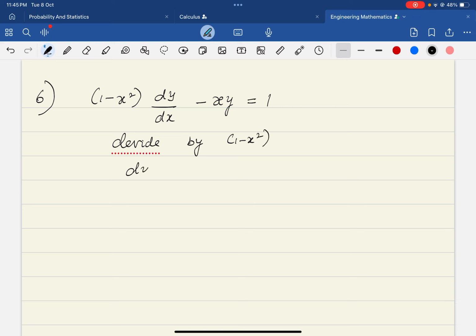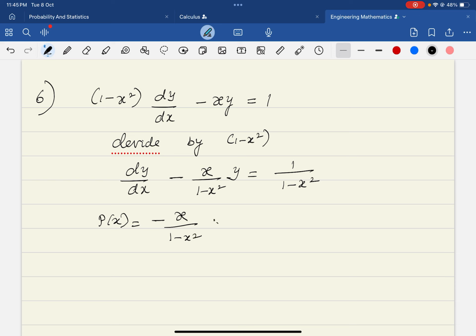Now what we get? dy by dx minus x over (1 minus x square) y is equal to 1 over (1 minus x square). So what is p of x now? p of x is minus x over (1 minus x square), and q of x is 1 over (1 minus x square).